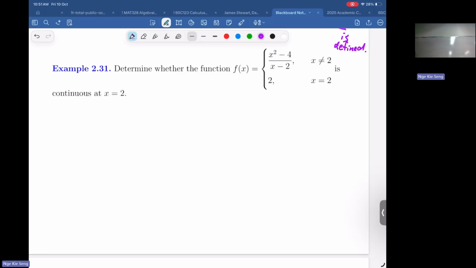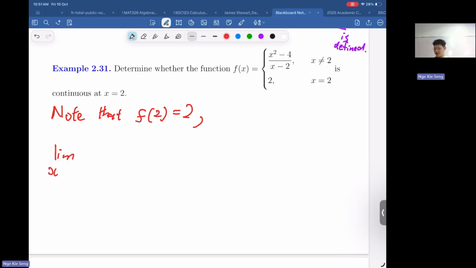So what happened here? Now f(2) is defined. f(2) is 2. But from the previous calculation, we know that the limit of (x squared minus 4) over (x minus 2) when x goes to 2 is similar to the limit of which function?